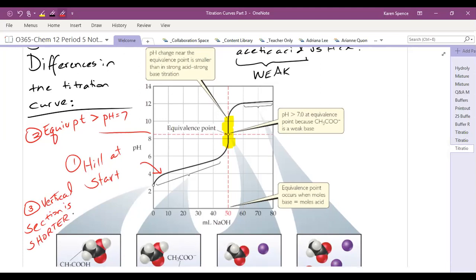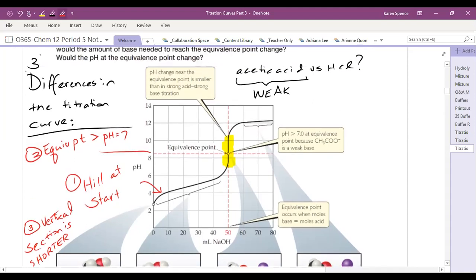And there is actually one more. Can anyone think what that would be? The initial pH is higher.